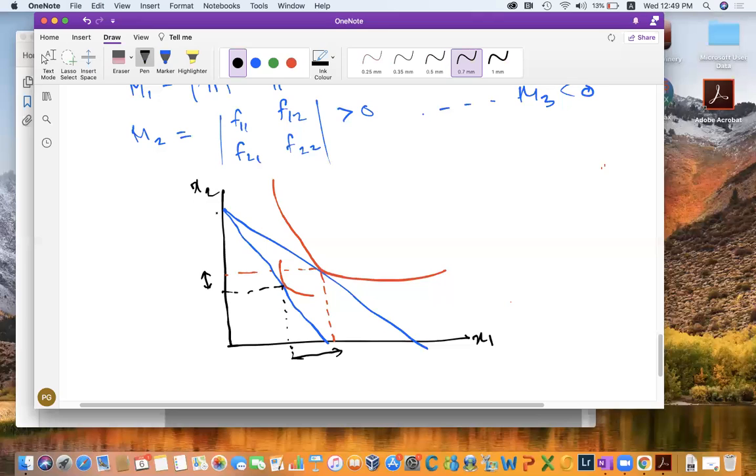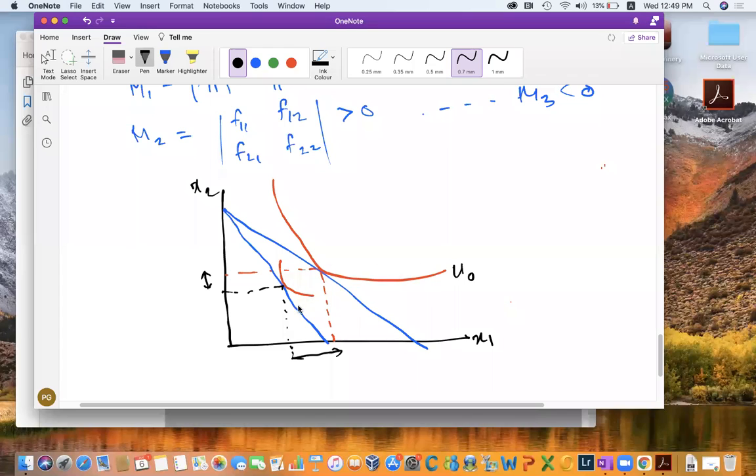So you have this new budget line after the price increase. And suppose the government decides to give the household or the consumer some compensation so that they remain at the old utility level, let's say U0, right? So you give some compensation so that the utility of the consumer does not fall.